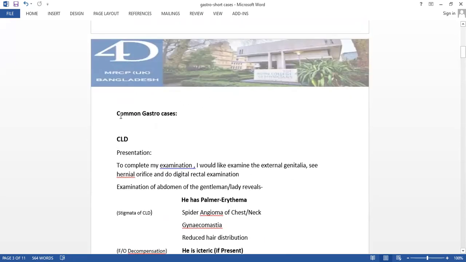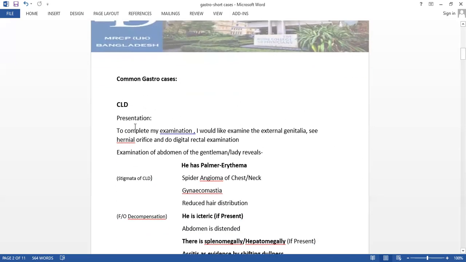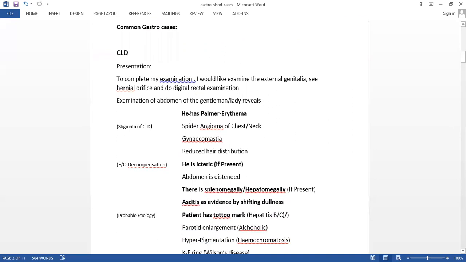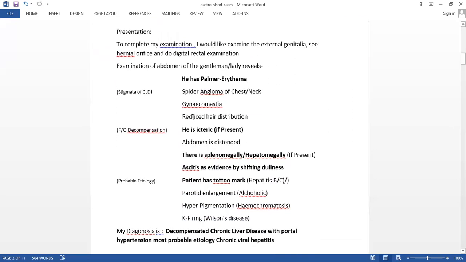The first case discussed was CLD. Sometimes it may be decompensated, sometimes compensated. Most of the cases in the exam you might find decompensated, with features of decompensation. What are the features of decompensation? Flapping tremor, jaundice, or ascites.